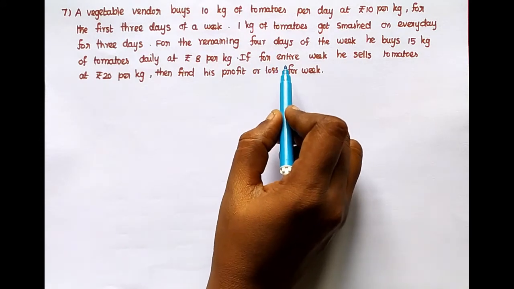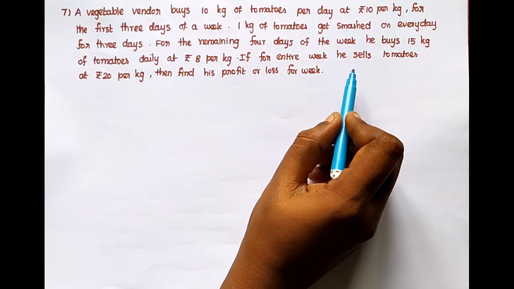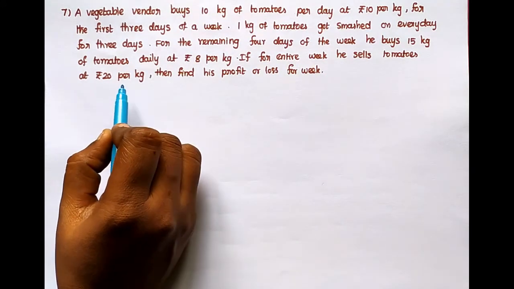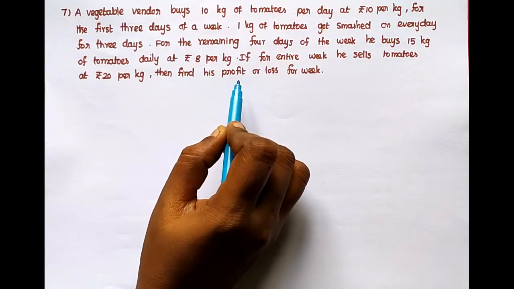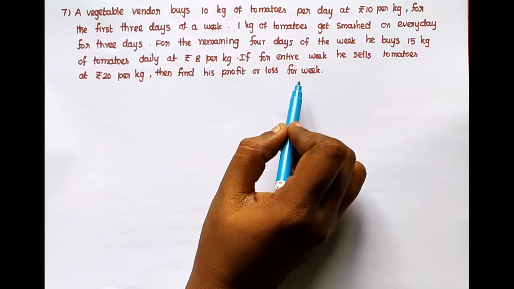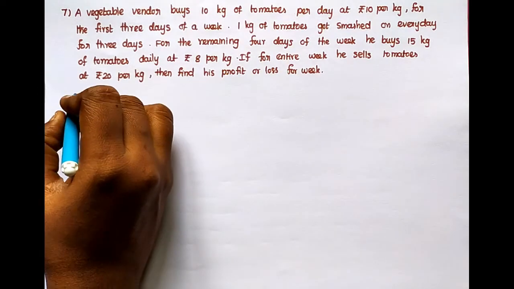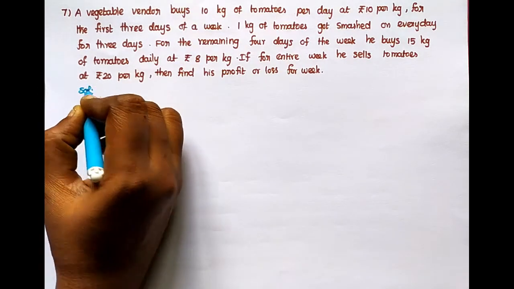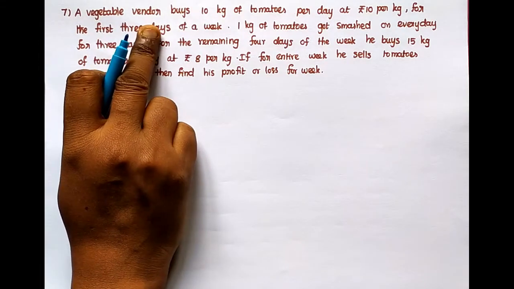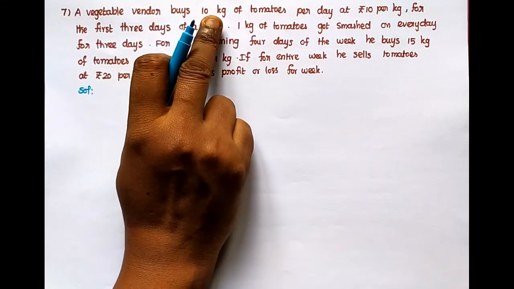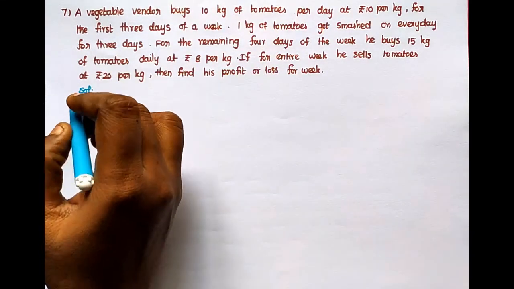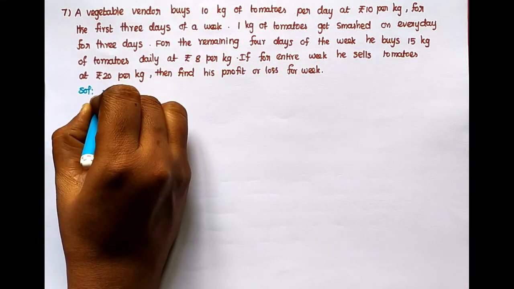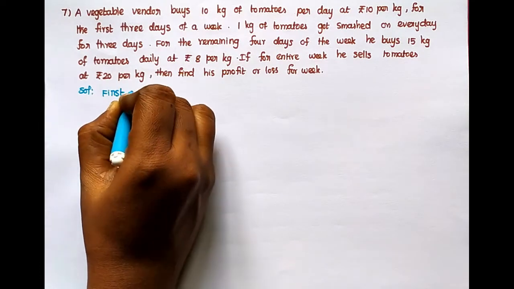If for an entire week he sells tomatoes at rupees 20 per kilogram, then find his total profit or loss for the week. Listen. A vegetable vendor buys 10 kg of tomatoes per day. So first 3 days. Take first 3 days.